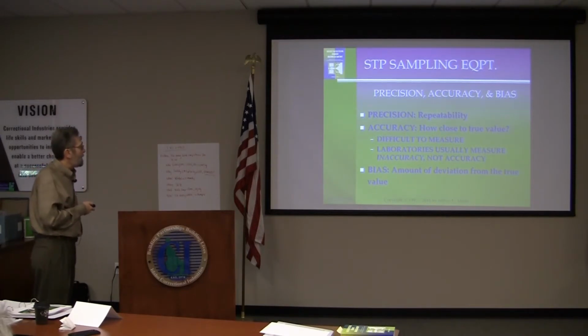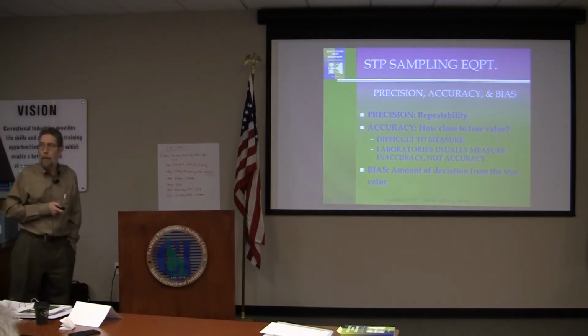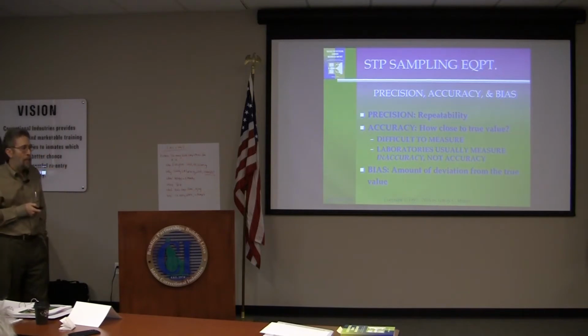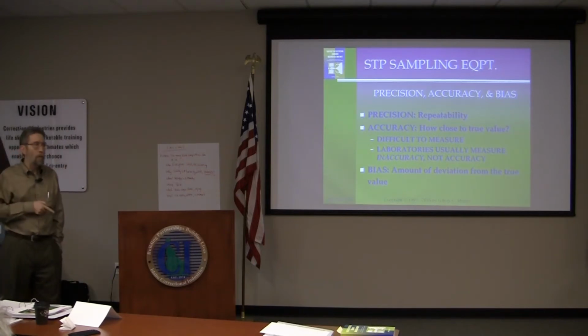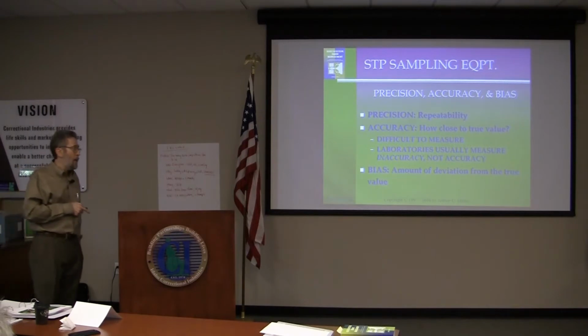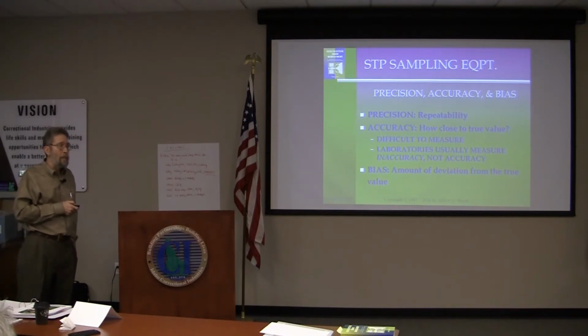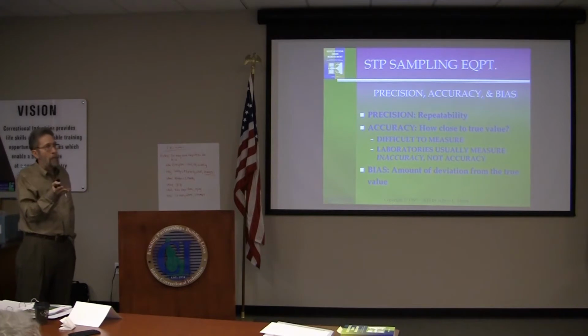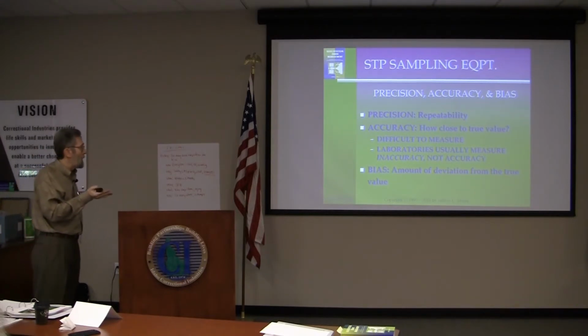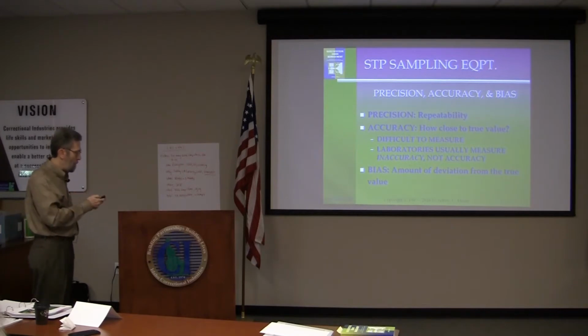Now, the bias comes in where, and it's defined as the amount of deviation from the true value. Now, the problem with sampling bias is that we never know if it's high or if it's low. Sometimes if you have a machine that's out of tune or something, you can detect a bias and maybe even adjust possibly in retrospect, saying it was always high, it was always low, or always high in a certain range, or always low in the high range, or whatever.